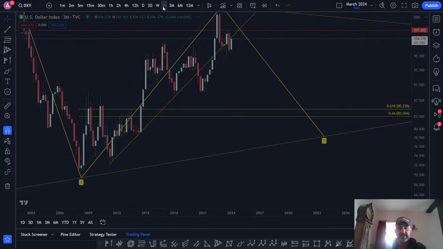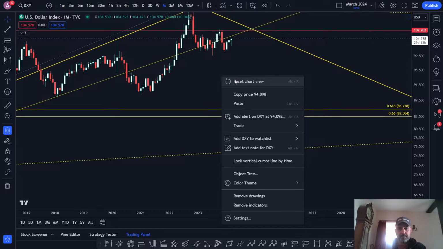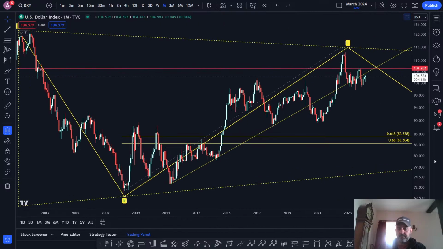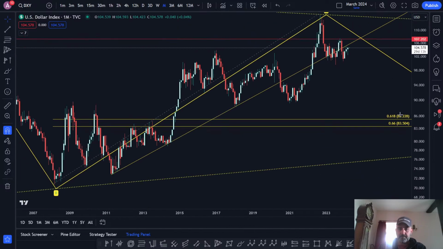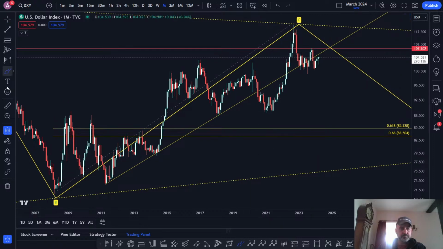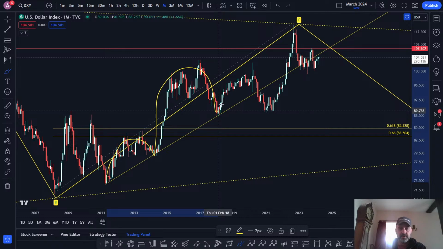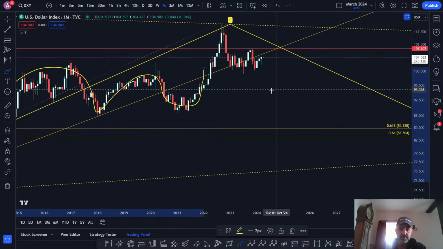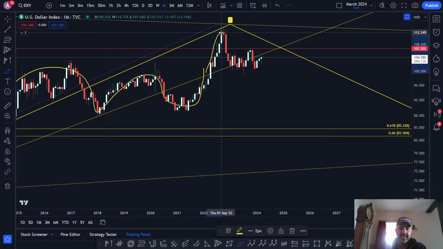I don't know if you can see it. This is the trend line. We lost it there. We reclaimed it there. And then here we've come to it. Lost it, reclaimed it, lost it, and we're underneath it again.